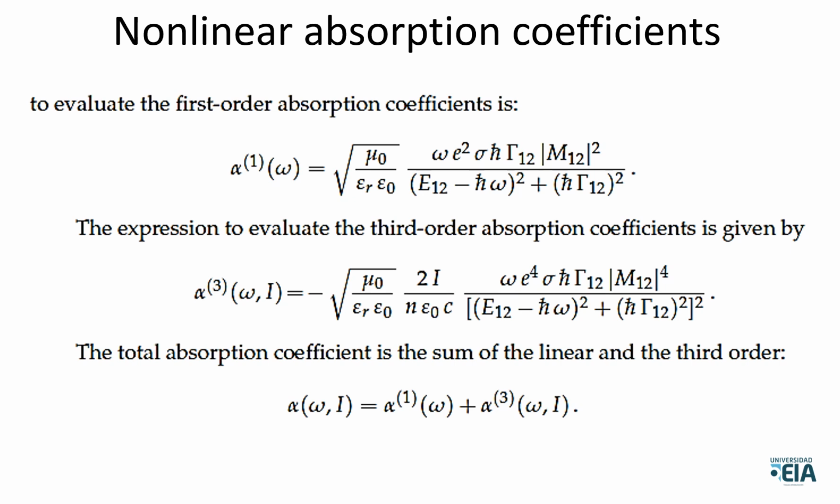The nonlinear terms described by the third-order coefficients depend on the photon frequency, the transition energy, the dipole matrix elements to the power of 4, and the intensity of incident photons. The presented nonlinear absorption coefficients are the sum of both linear and nonlinear terms.